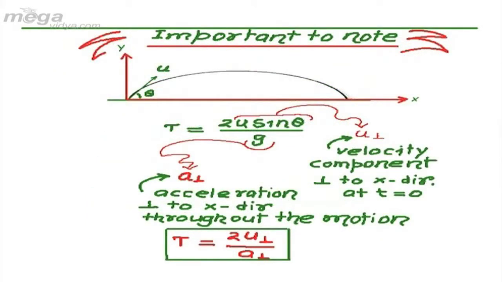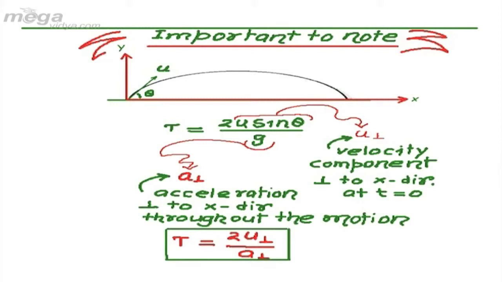For the projectile thrown on an inclined plane, I want to use a relation for the time of flight which we had discussed for a projectile thrown from ground to ground.